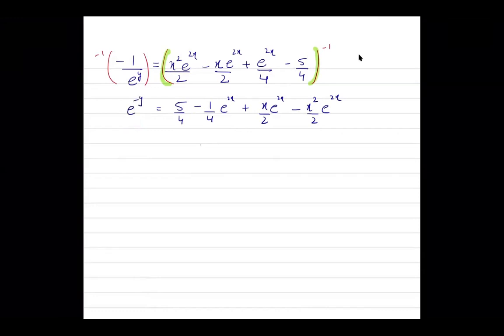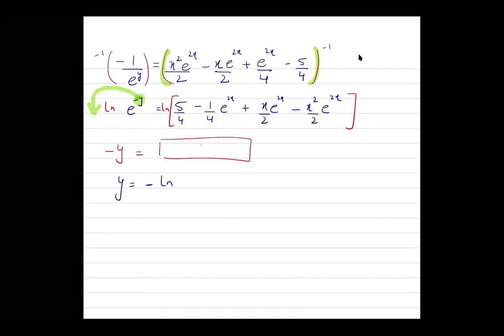Okay, and if I take ln on both sides and bring this power to the left, I'm going to get minus y equals to all of this thing, and y is going to be equal to minus of all of this thing.